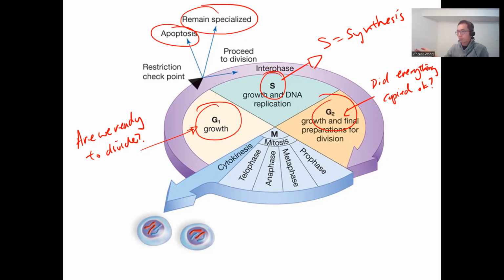Do we need to do any kind of repairing and so on? And again, if it doesn't pass the G2, then it's not allowed to move on to the next part. If everything is okay though, it will move on to mitosis, the M phase, where you will actually divide the cell. Any questions?